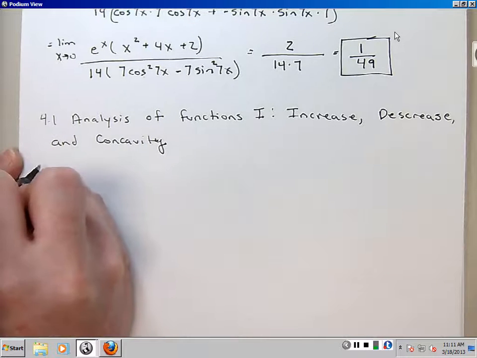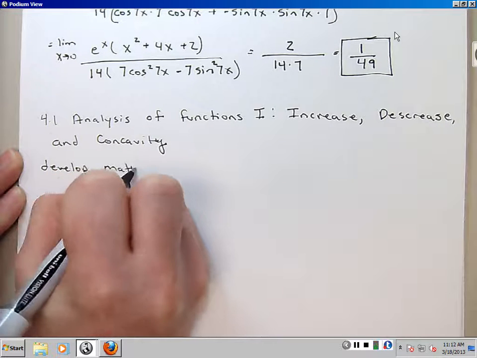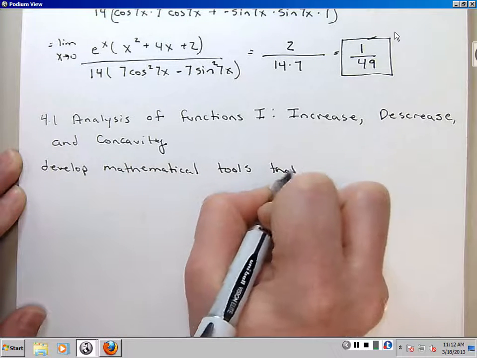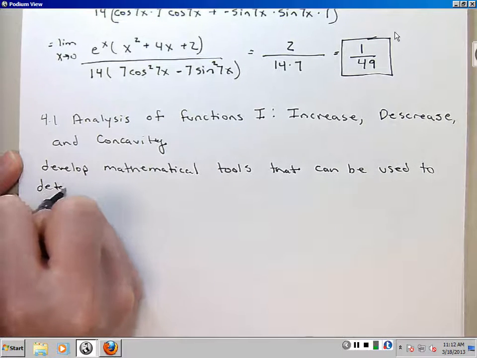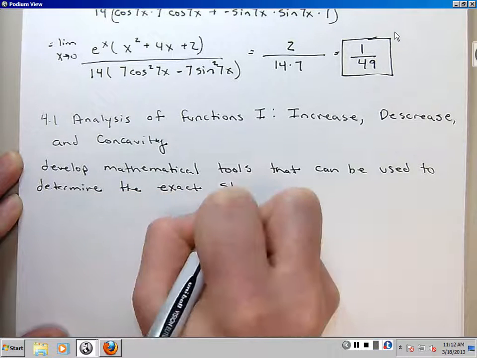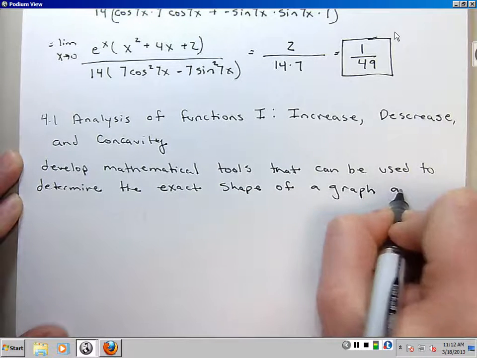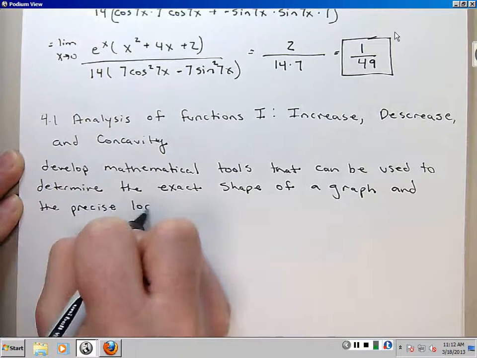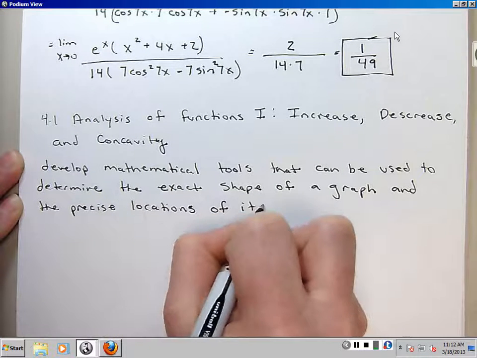So the goal in this section is to develop mathematical tools that can be used to determine the exact shape of a graph and the precise location of its key features.